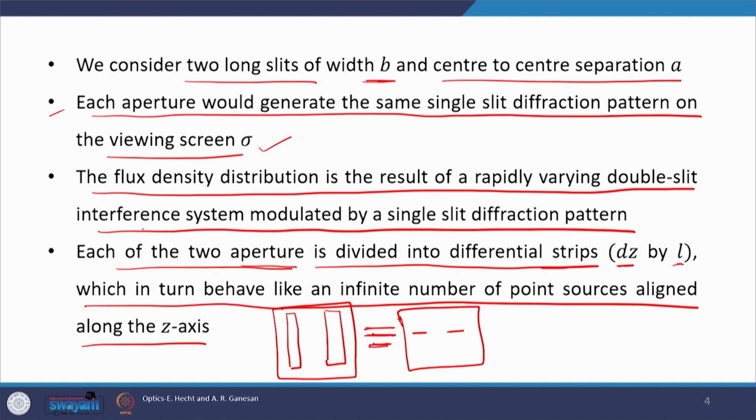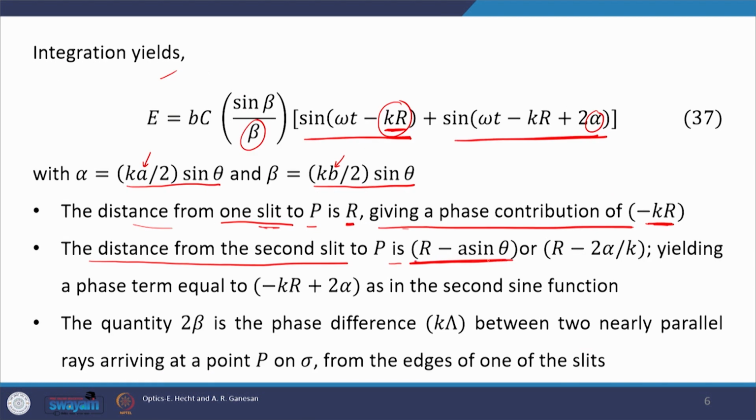Therefore, r minus a sin theta, where a is also appearing in alpha, we can write as r minus 2 alpha by k. Now, this r minus 2 alpha by k is associated with the phase term which is appearing in the second term of equation number 37.